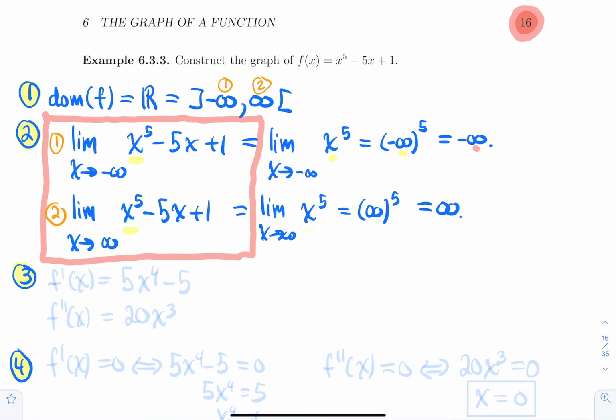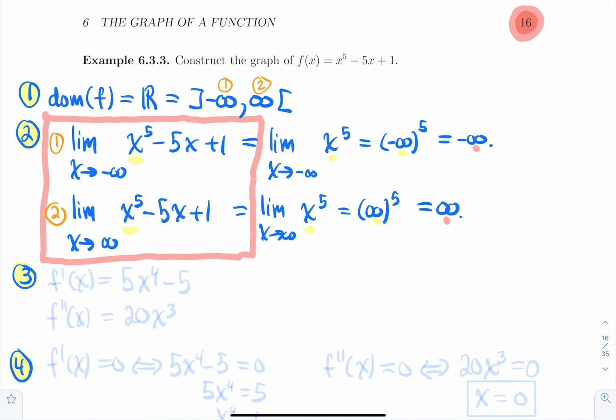And the limit as x goes to infinity of x^5 minus 5x plus 1 is the same as the limit as x goes to infinity of x^5. I'm just keeping the dominating term here. You plug in infinity, you get infinity to the power 5, which is infinite. No horizontal asymptote. The function goes up forever as x gets bigger to infinity.